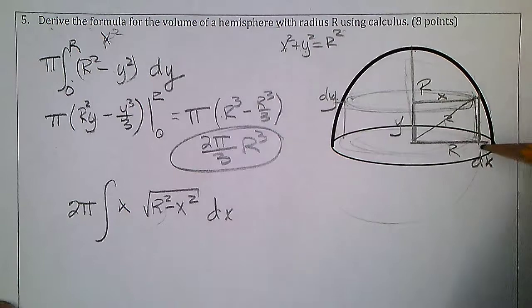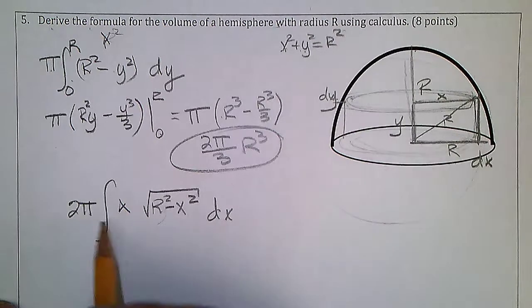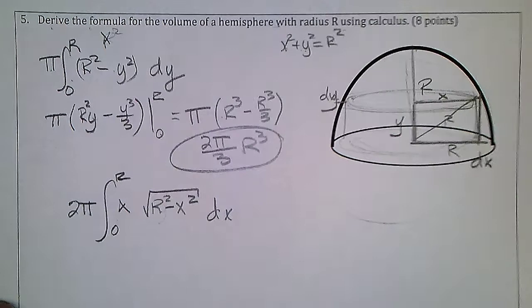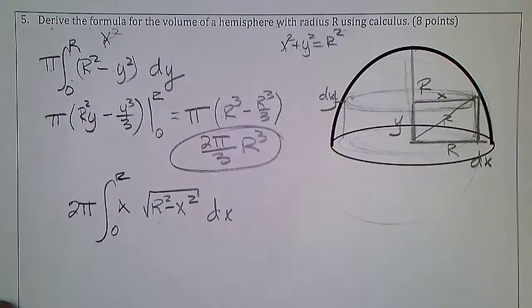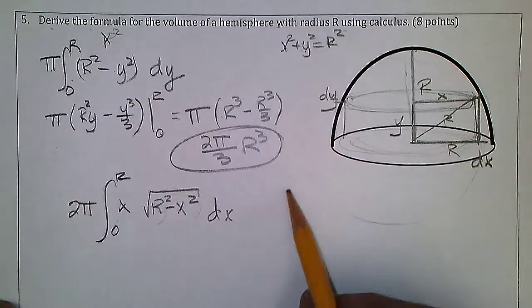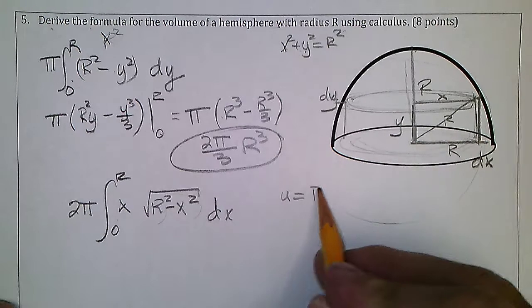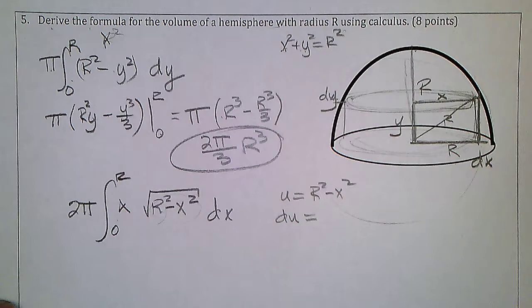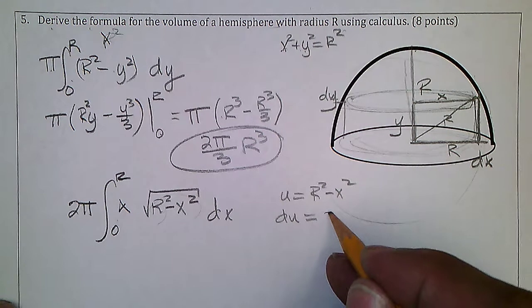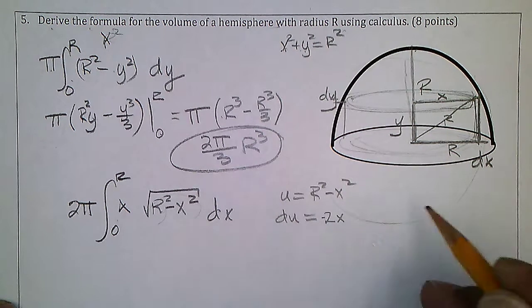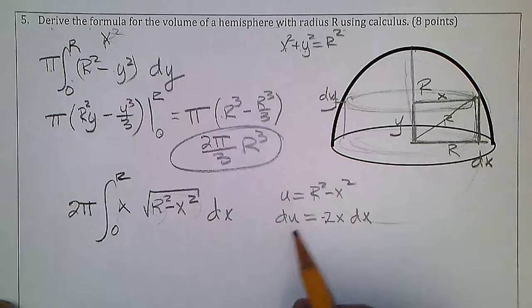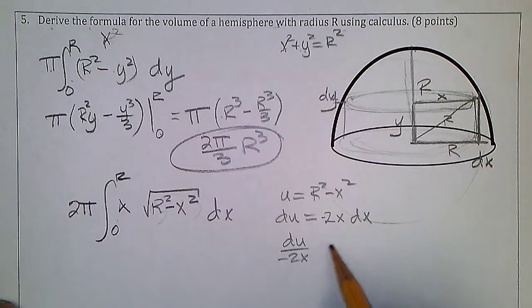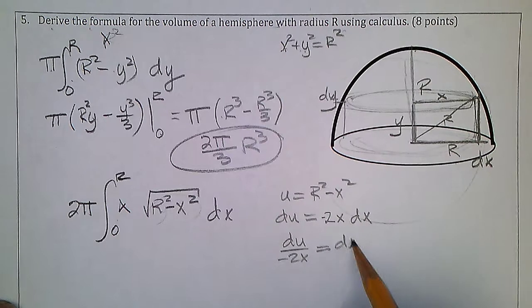And we'd integrate this x from 0 to r. And this is all in terms of x. I would let u be the inside. And so du would be minus 2x dx. So du divided by minus 2x would be dx.